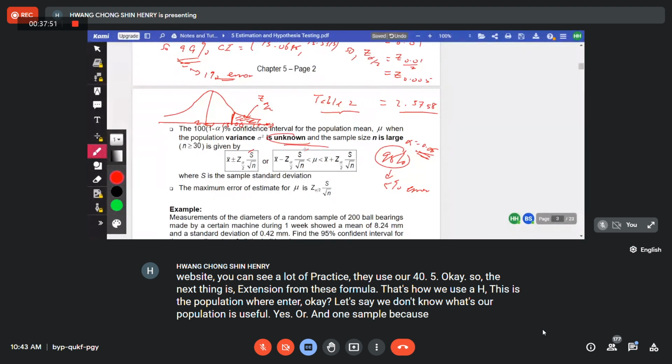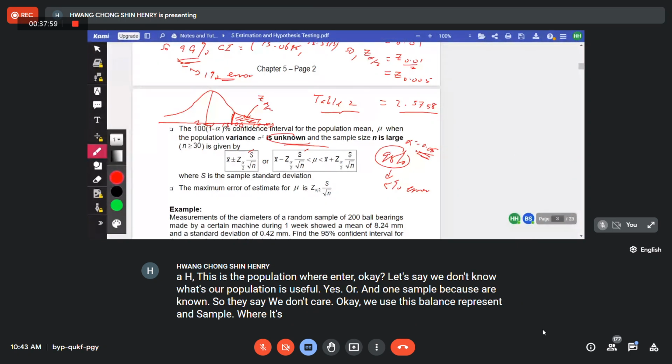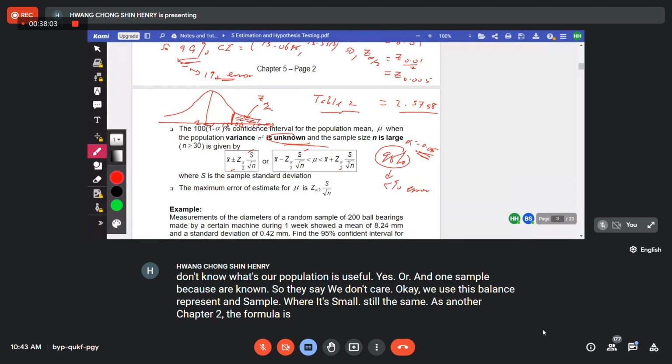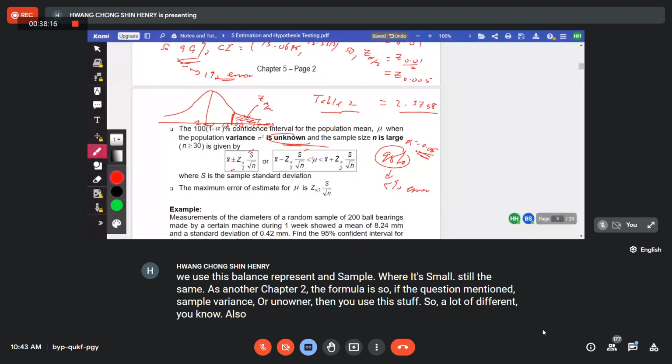So let's say we use the variance represented by the sample variance, small s. Remember chapter 2? The formula is still the same. If the question mentions the sample variance or unknown, then you use this as well. A lot of people ask, is there any difference? I say no difference, it's just a symbol change. Any big group becomes a small group.